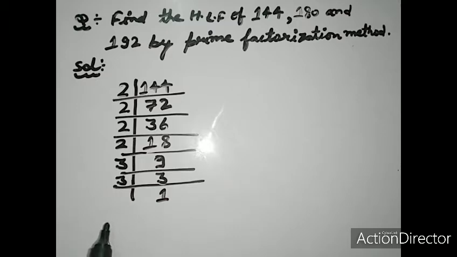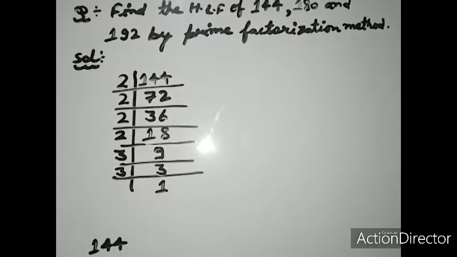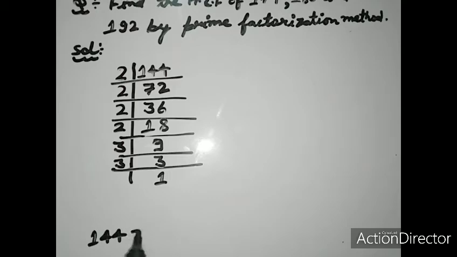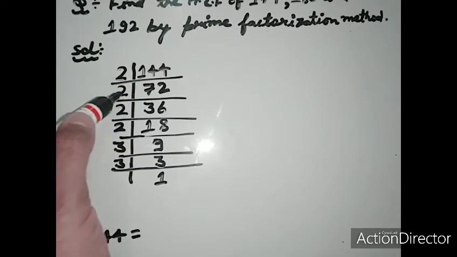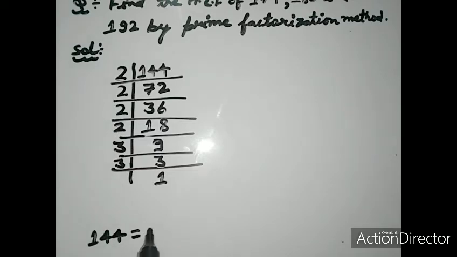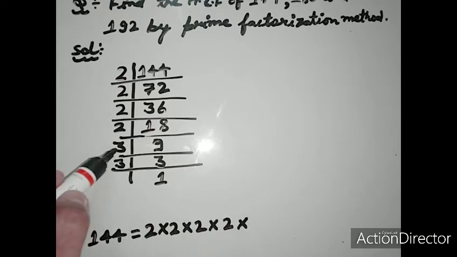Okay, now you write all the factors of 144 here. How many times is 2 there? 1, 2, 3, 4. Okay, 4 times. So 2 multiplied by 2 multiplied by 2 multiplied by 2. Then 3 total 2 times here. So here we write 3 two times.